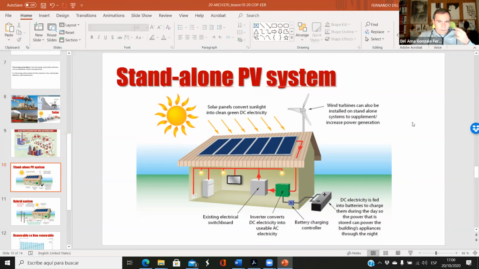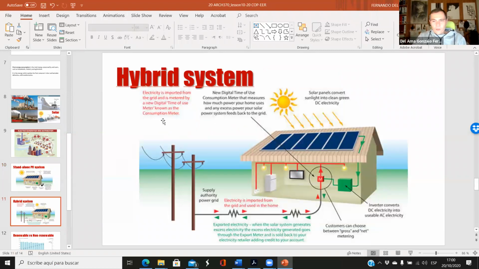But you have to understand that you need batteries, and even if you have a lot of batteries, sometimes you can run out of electricity. If you are okay with that, go ahead. If you want to be sure that you don't run out of electricity, we can go to the hybrid system.